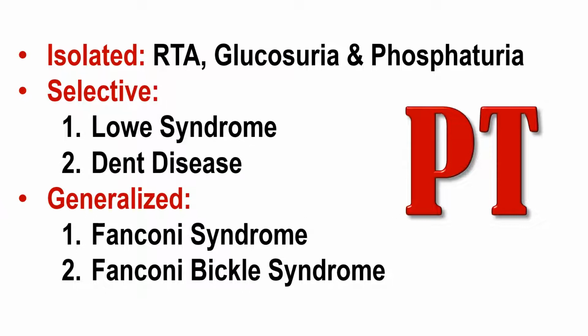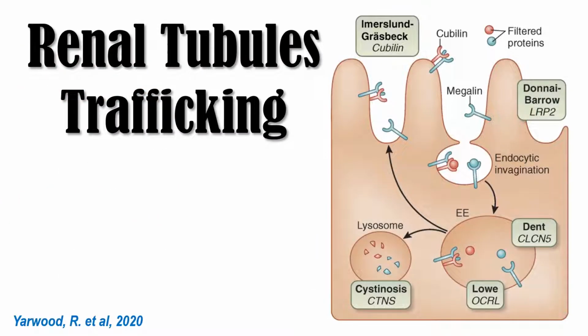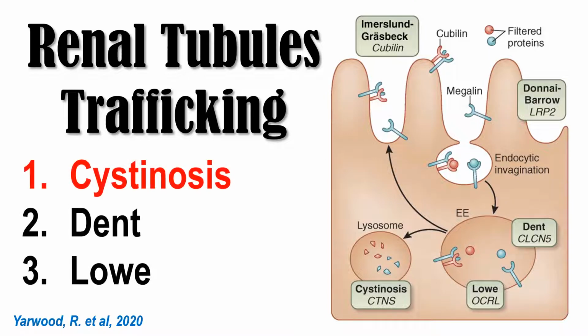We'll come to this. And the generalized one is Fanconi and Fanconi-Bickel syndrome. The main difference between Fanconi and Fanconi-Bickel syndrome is that the latter, Bickel syndrome, has hepatomegaly and hypoglycemia. We talked about trafficking before, so this is the disease affected by a trafficking defect.